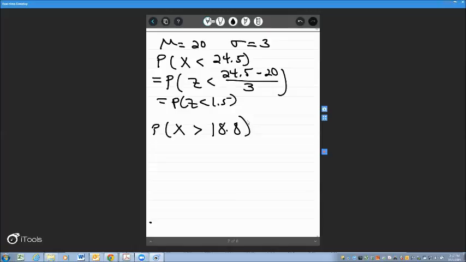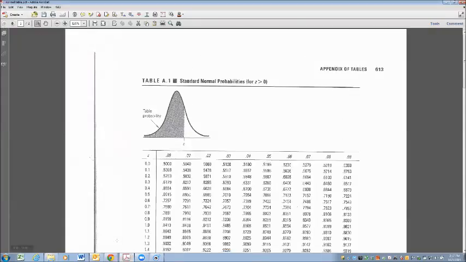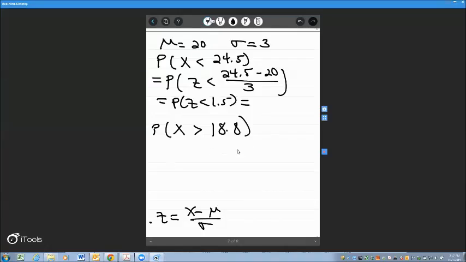Again, z is x minus mu over sigma. We've calculated the number of standard deviations we are away from the mean. So we take away the mean and divide by the standard deviation. So the probability of being less than 1.5, go to my table, 1.50 happens to be 0.9332.